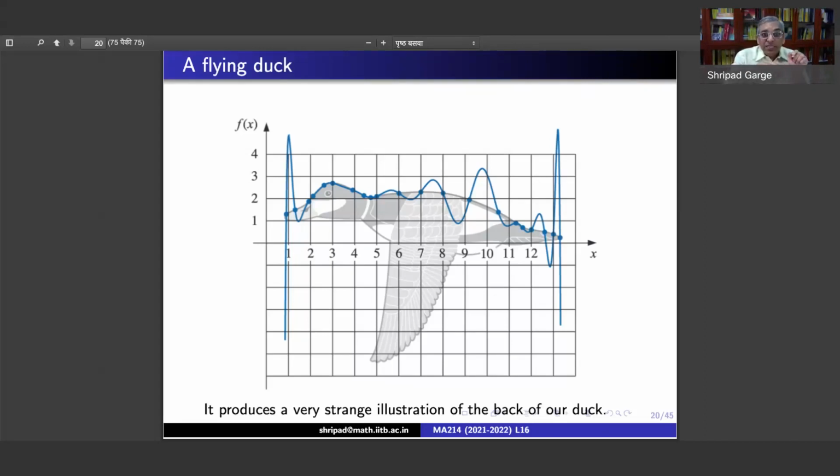For instance, if you were just going to use linear interpolation, there would be some sharp edges, some sharp points.